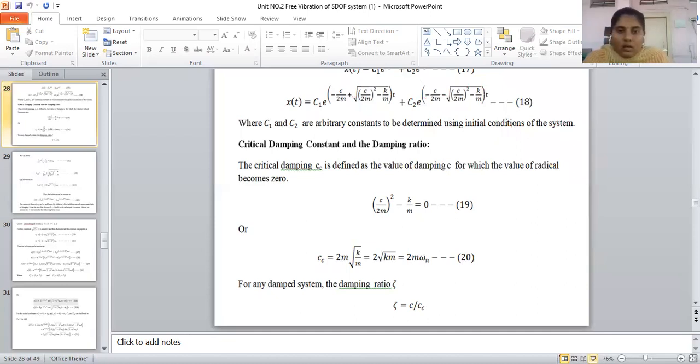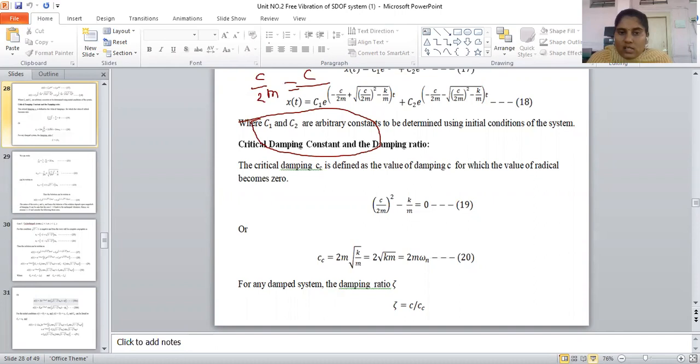So you can write, we have to convert this value of C by twice M, because in this equation, first, that S1 and S2, there is C by twice M plus or minus root of (C by twice M) bracket square minus K by M. So you understand first how to convert this value in terms of the zeta. So C by twice M, okay, we have to convert this value.